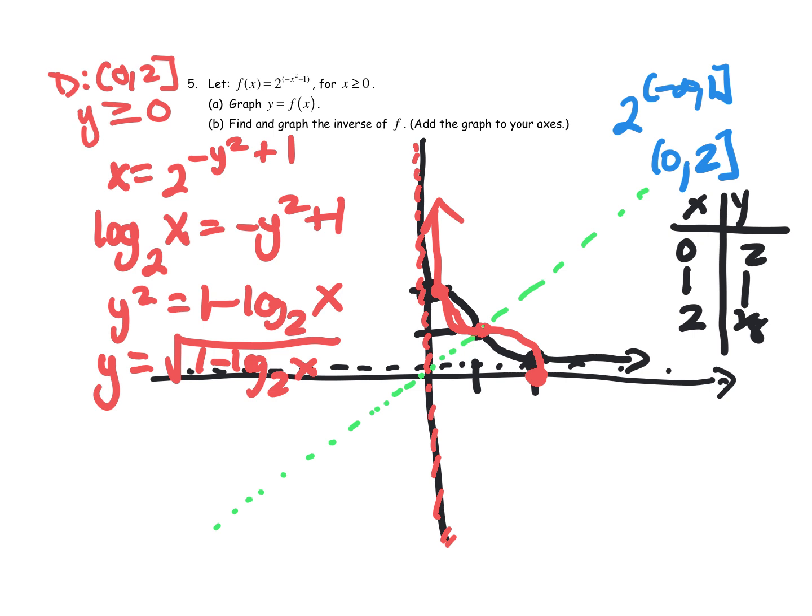So notice, let me see if I can point this out. This red piece should line up if folded over y equals x with that black piece, and then these two pieces should line up. So that helps me to guide my graph. Because again, when I fold over the y equals x line, the graph should line up and be symmetric across that. So I wanted that red and that black piece to match up, and then the other red and the other black piece to match up. Yeah, so that is kind of tricky.